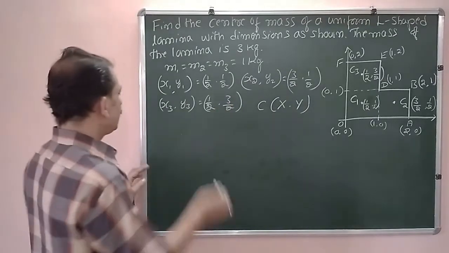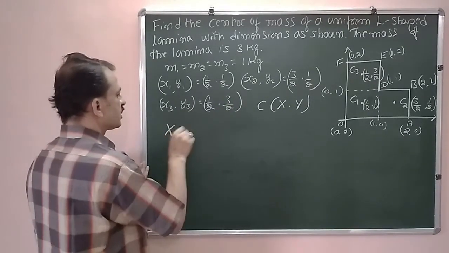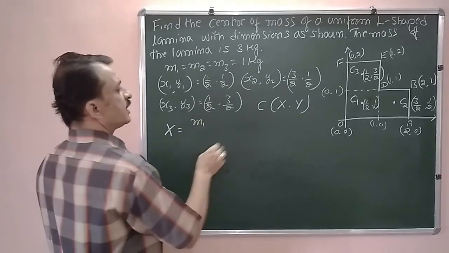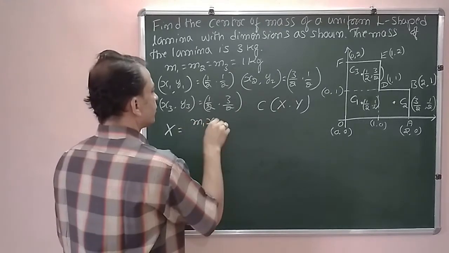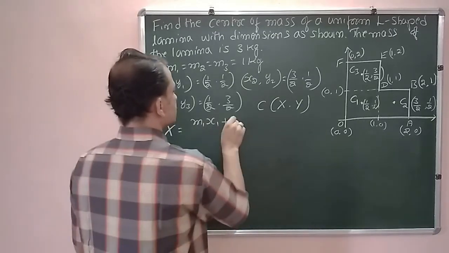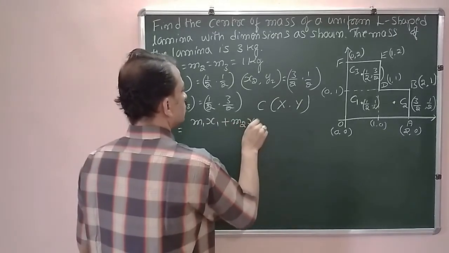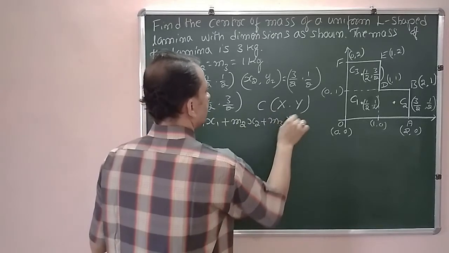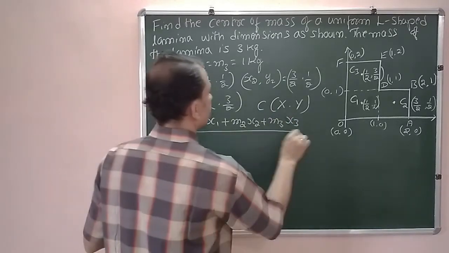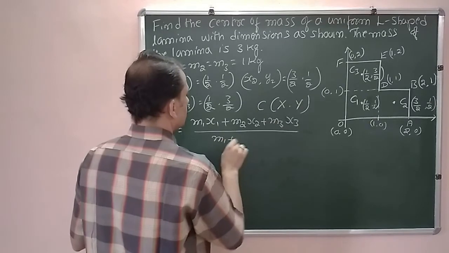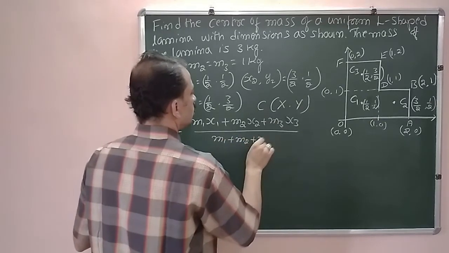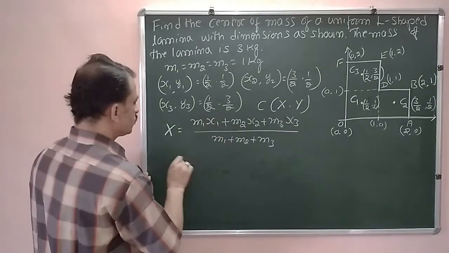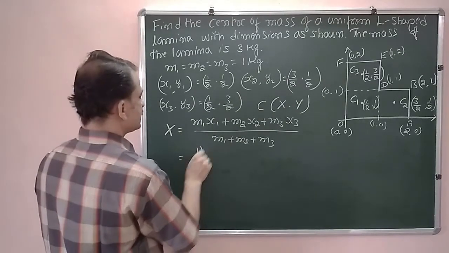Now apply the formula. What is capital X given by? It is mass of the first square times x1, plus mass of the second square m2 x2, plus m3 x3, divided by m1 plus m2 plus m3. This is the formula we know. Now m1 is 1 kg.